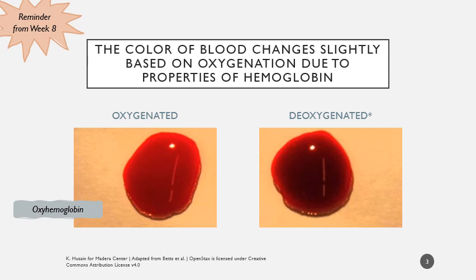When oxygen is bound to hemoglobin, we call that oxyhemoglobin. When oxygen is not bound to hemoglobin, we call that deoxyhemoglobin. And when instead carbon dioxide is bound to hemoglobin, we call that carbaminohemoglobin. We'll get back to that in just a moment. I just wanted to remind you that oxygen binds to hemoglobin a lot more readily than carbon dioxide does. Carbon dioxide can be carried in a lot of other ways within our body.